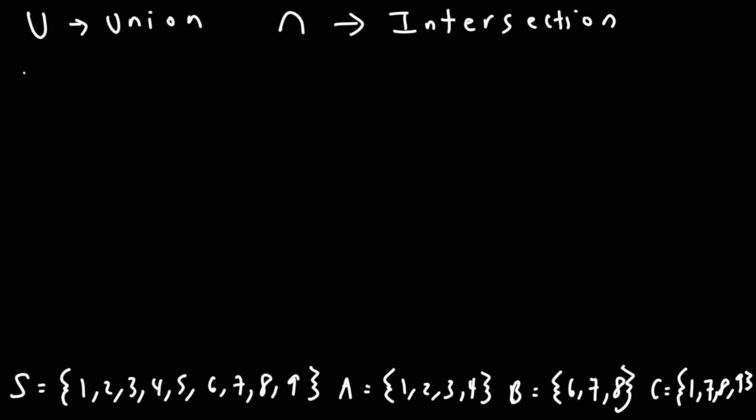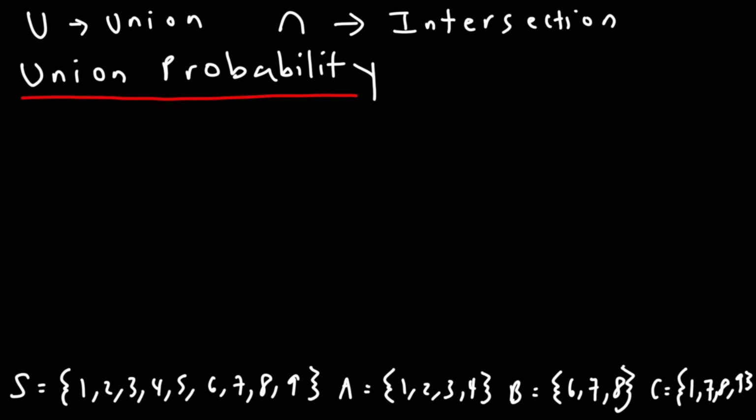So now let's talk about something called union probability. Keyword union. What is union probability? This is the probability that either event A will occur, or event B will occur, or both event A and B will occur.